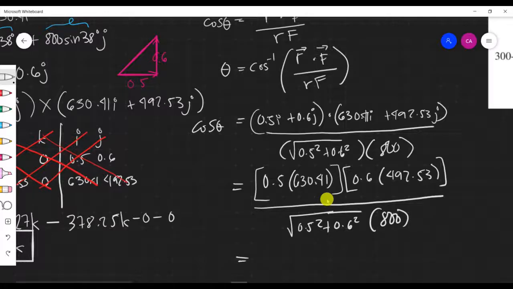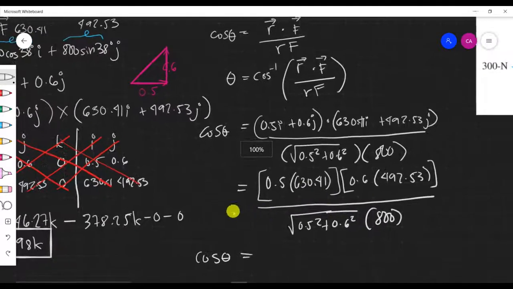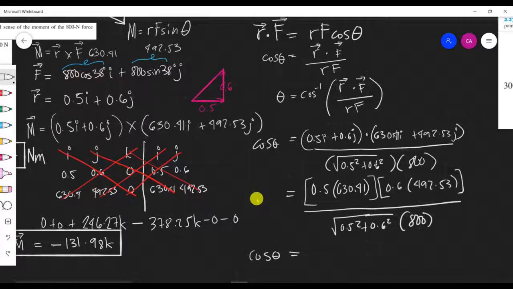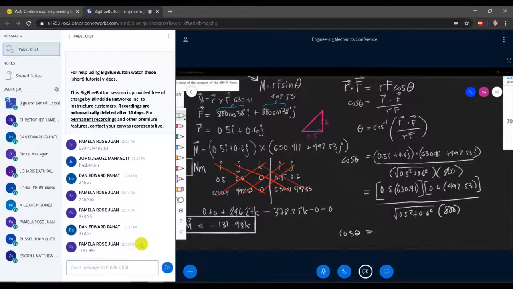Okay? Equals to, ano yung value ng cosine theta? Paki-compute. Anong value ng cosine theta? What would be the value of cosine theta?